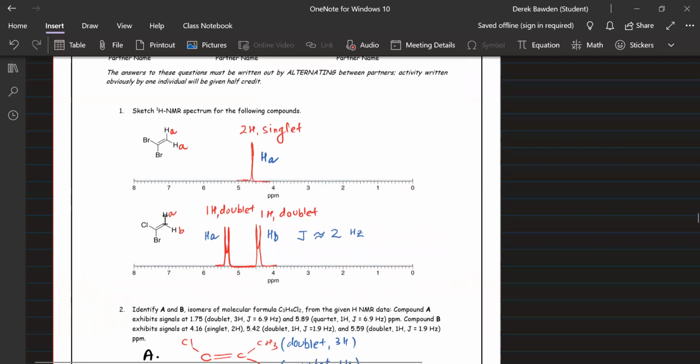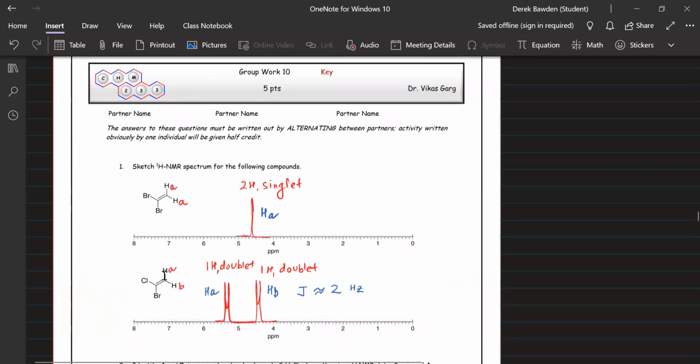And also, do you guys see there's 2 different hydrogens? Because it's on a double bond, the chlorine is going to pull the HA further downfield than HB. And it looks like in the first one, HA is about 4.5 as well.